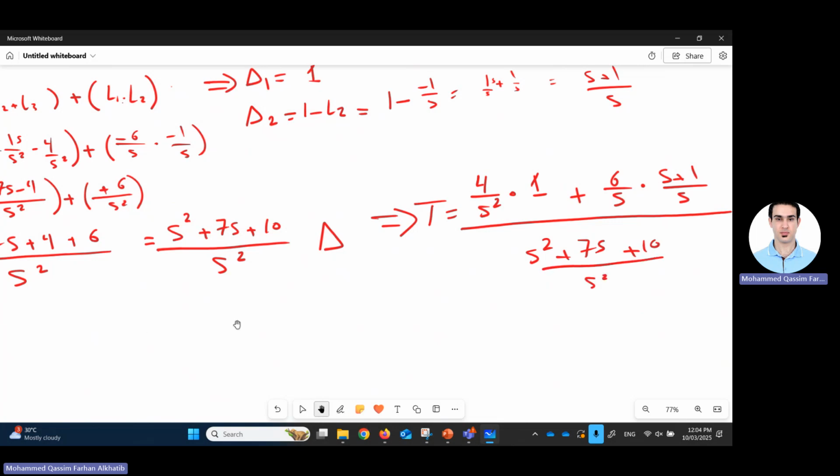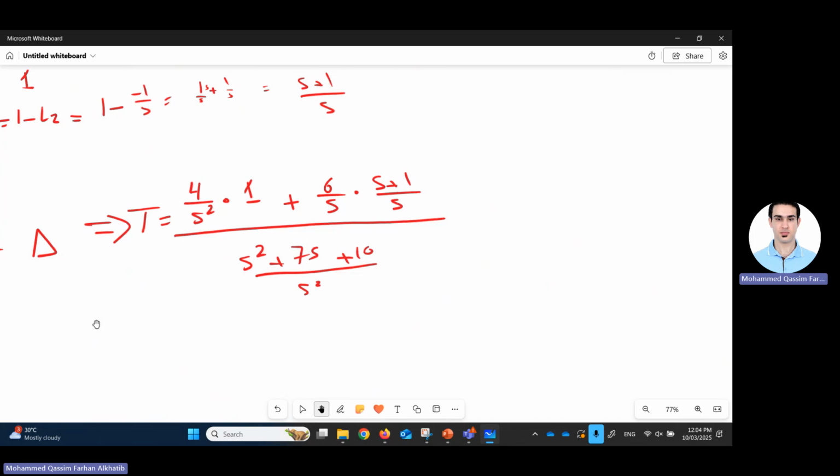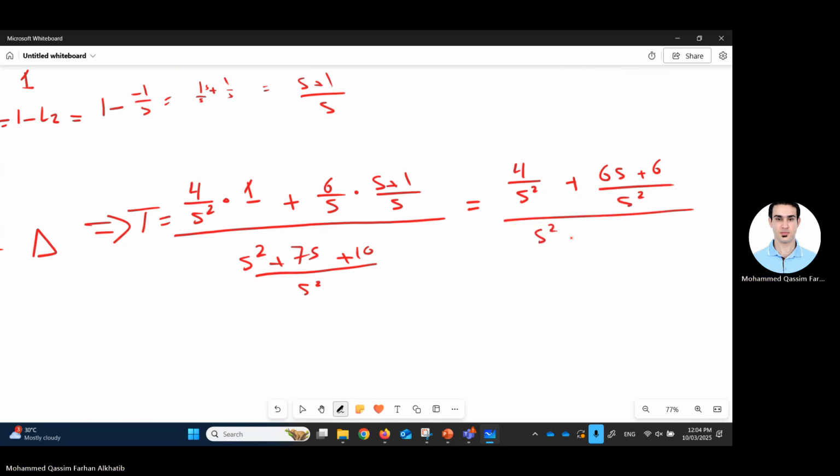Now let's simplify this term. So we will have 4 over S squared plus, so just multiply 6 times S, so that's 6S plus 6 over S squared, since the denominator is unified over S squared.